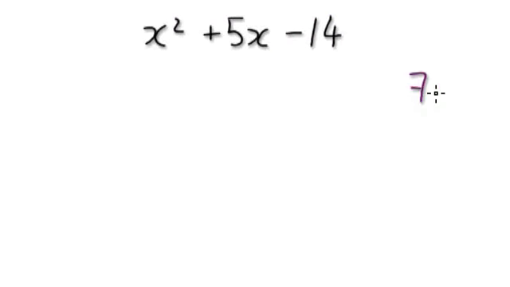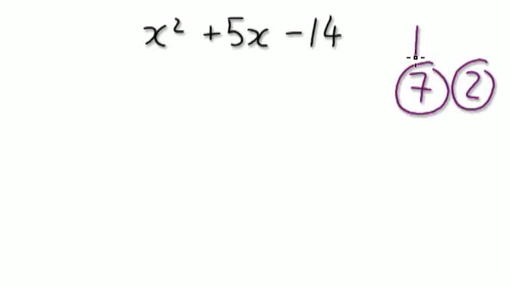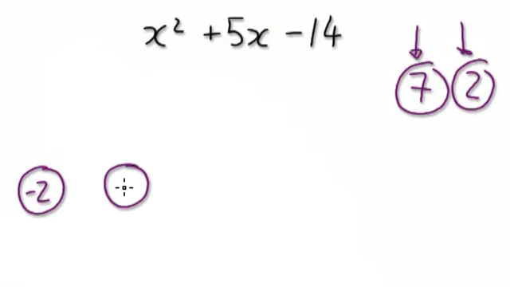So now that we know it's a 7 and a 2, remember, one of the two here will have to be negative in order for us to create the minus 14. Let's try and guess minus 2 and a 7, because one of the two will have to be negative in order to create the negative 14.